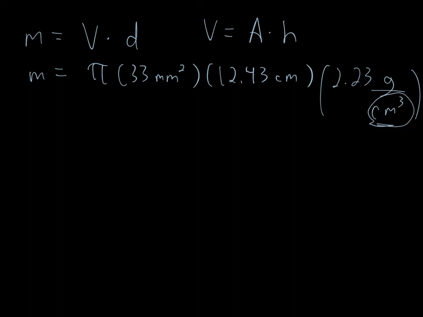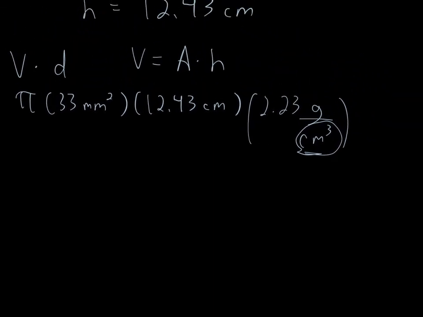So we would need to convert these millimeters to centimeters, and we could do that by using our conversion factor. So let me create more room again. Our conversion would have millimeters on top in our equation, so we would put millimeters on bottom. So for every 10 millimeters, we'd hit 1 centimeter.